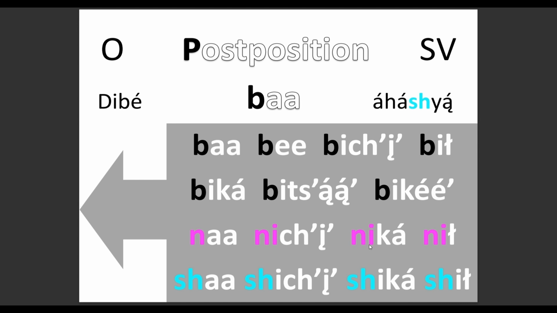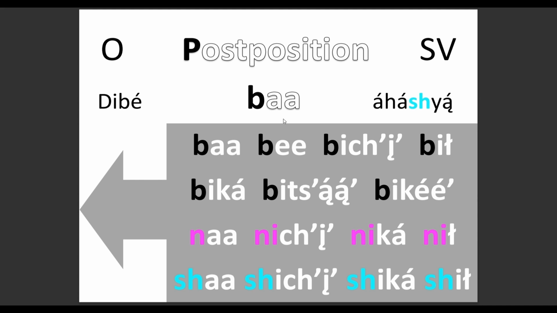Again, in Navajo, the same example sentence uses postpositions of movement, which go after the object. In Navajo, you would say, debe ba hashyan. Ba goes after the word debe, which means ba is the postposition.